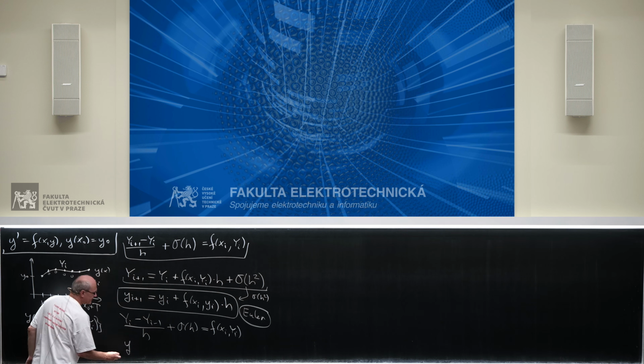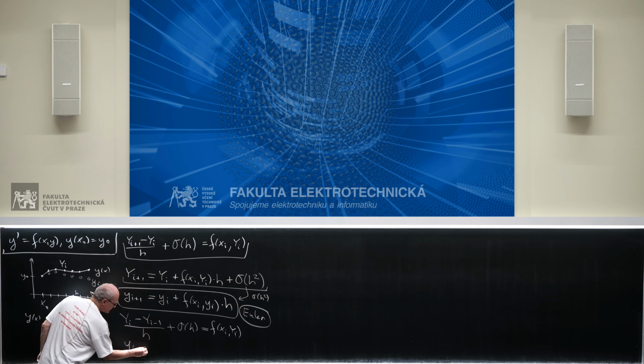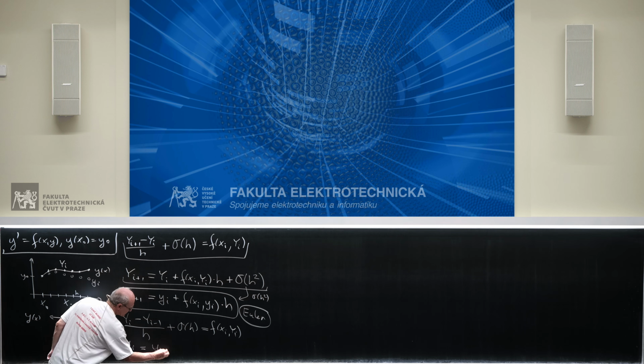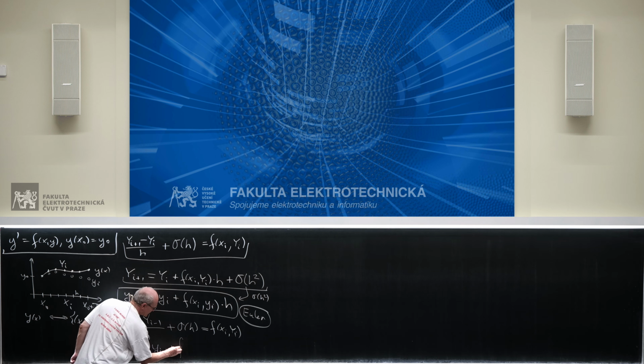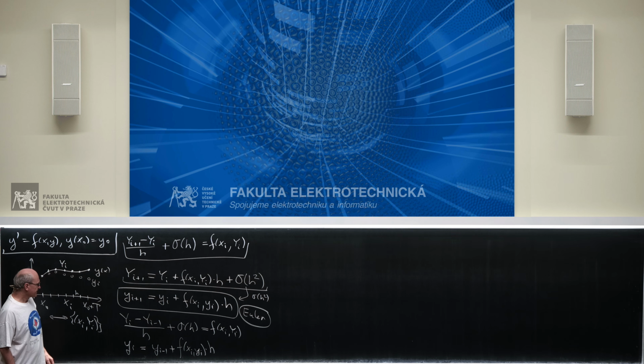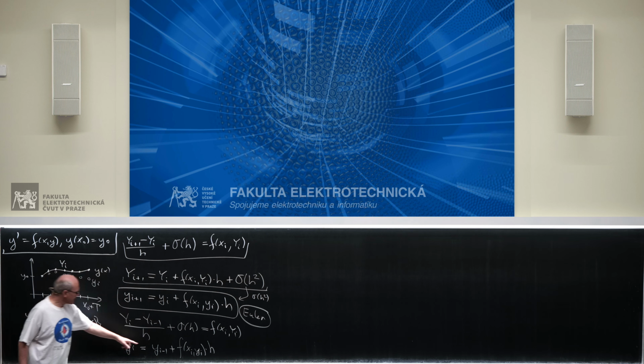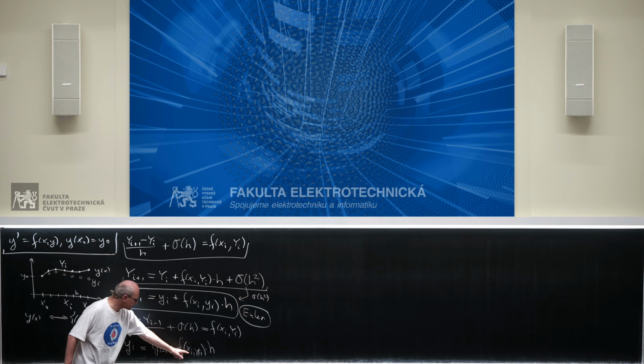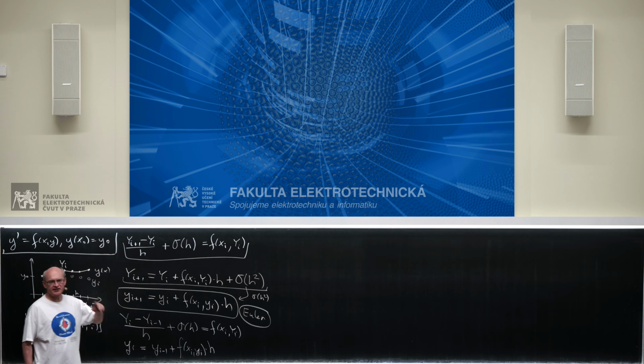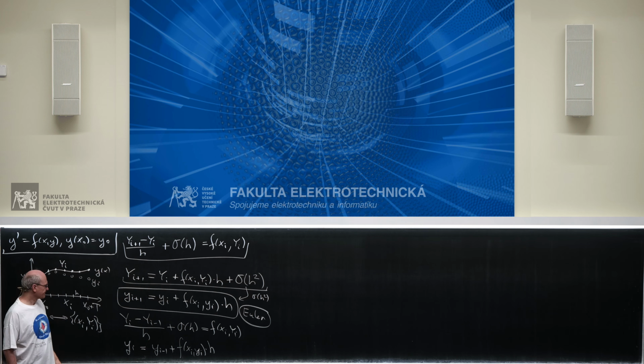We pass to approximation by dropping this O term, and we get y_i is equal to y_{i-1} plus f(x_i, y_i) times h. Now, we have y_{i-1}, which is not very pleasant, so we shift the index by 1 everywhere, and what we get is the implicit Euler formula.